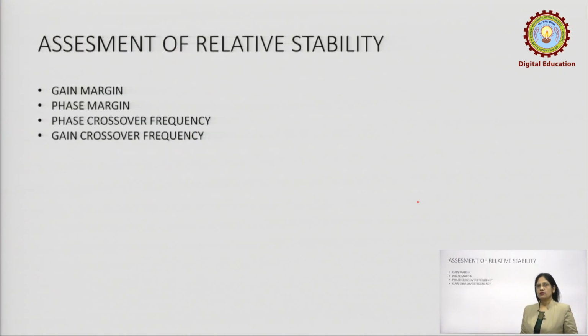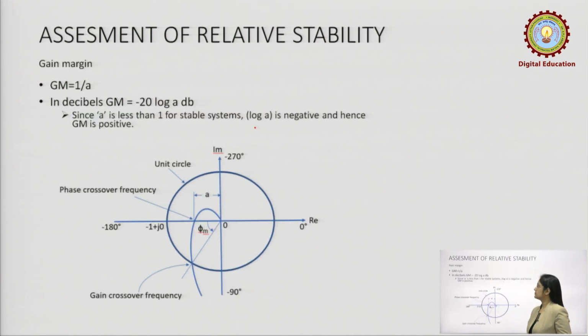Gain margin and phase margin are about the assessment of relative stability, and we will also learn what the phase crossover frequency and gain crossover frequency are, since the word margin itself relates to the relative stability of a system.